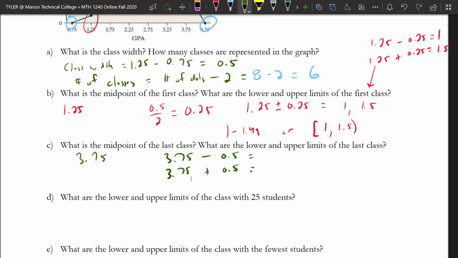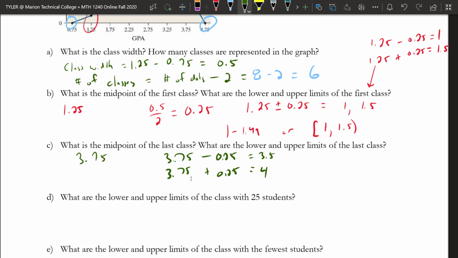So then, if you take 3.75 minus 0.25. Oops, this should be 0.25, not 0.5. 0.25, 0.25, just like before. I just wrote down the wrong value. So 3.75 minus 0.25 is 3.5, and 3.75 plus 0.25 is the value 4.